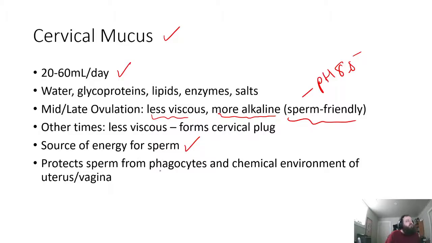They are also involved in protecting the sperm from phagocytes so that they don't get killed by your own immune system, and also from the relatively acidic chemical environment of the uterus and the vagina. They may also, the cervical mucus, participate in this process called capacitation that we'll talk about in a couple weeks' time. Capacitation, briefly, is just a series of functional changes that the sperm undergo in the female reproductive tract before they can properly fertilize a secondary oocyte.